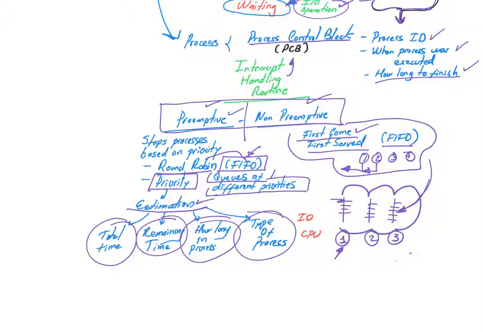Or maybe the type of process: it might be I/O bound or CPU bound. I/O bound means that most of the instructions are related to input-output devices. CPU bound means that it doesn't make much use of input-output, but has more instructions that are being executed. So those four are different approaches to define the estimation of priority.